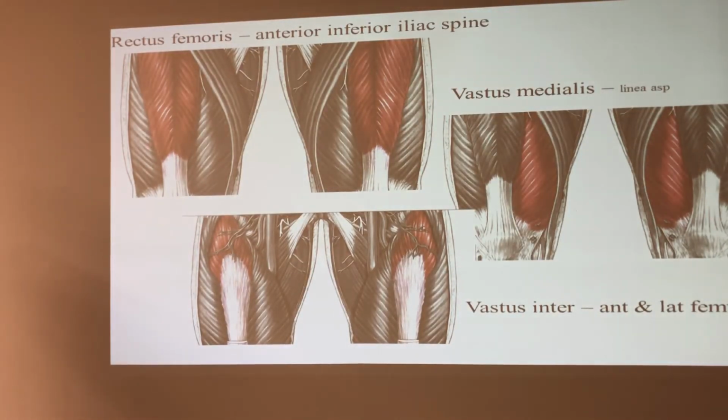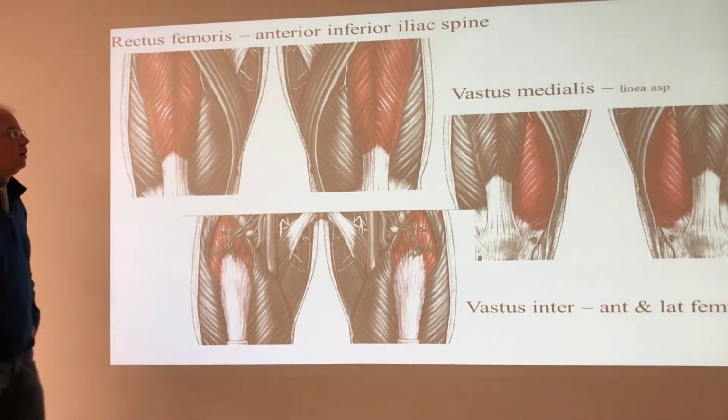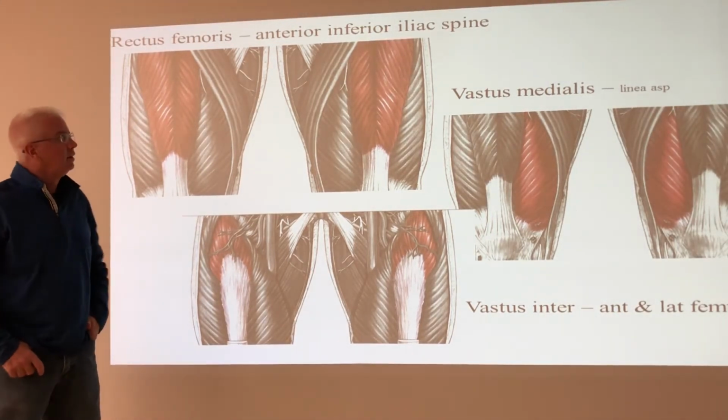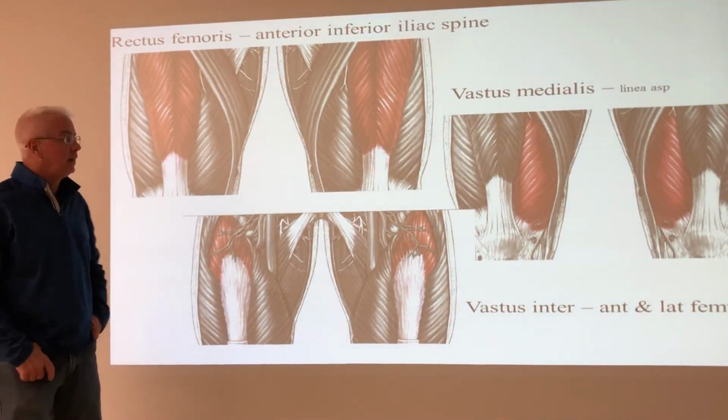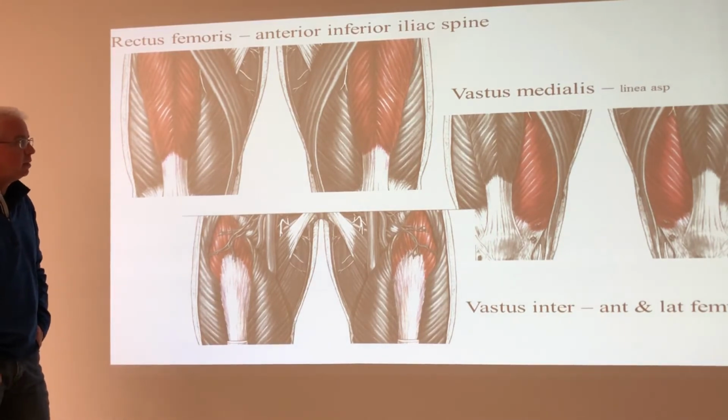Working my way across, the next one from the lateralis is the rectus femoris, and it has an attachment on the anterior, inferior iliac spine. This is the only one of the 4 muscles of the quadricep that has an attachment on the hip bone.